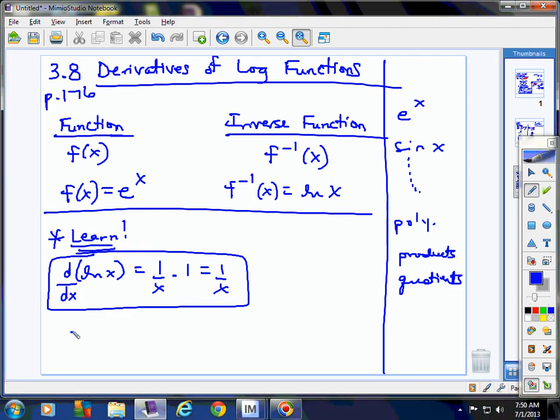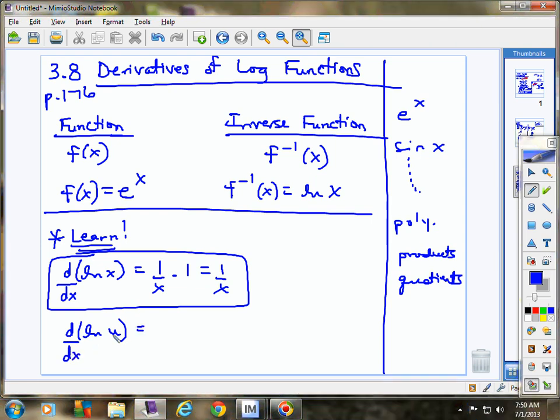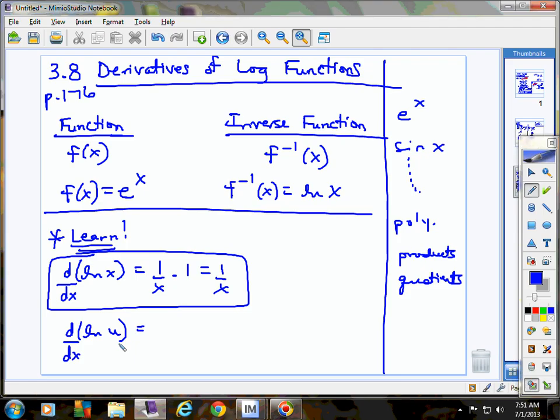Now here's the better form of this, because this next one covers any kind of stuff you might have in there for x. The book calls it u because it might not be nice, perfect little x. It might be 2x, like that problem on the board, or it might be 8x squared plus 5x minus 7. It's just more than an x. So to find the derivative, though, of ln of something, I put 1 over that stuff.